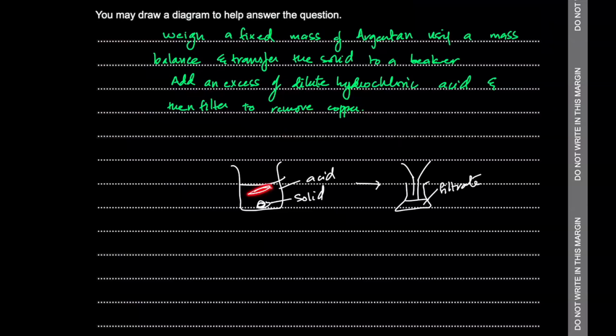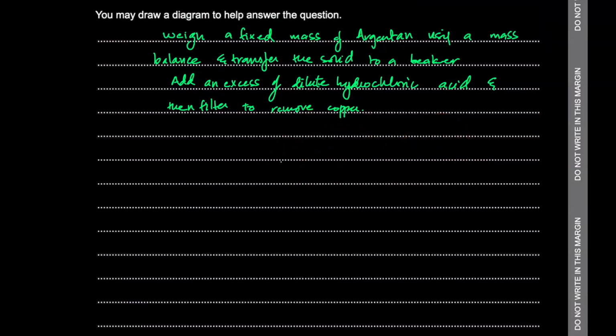The zinc and the nickel dissolve in the acid and are obtained in the filtrate, and the leftover solid is copper. We can determine the mass of copper, and from the mass of copper we can determine the percentage.